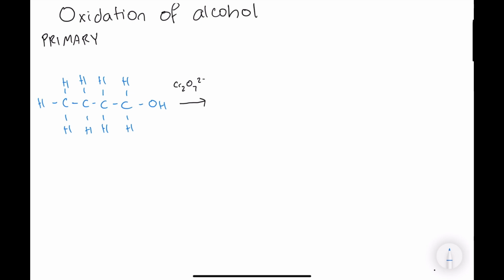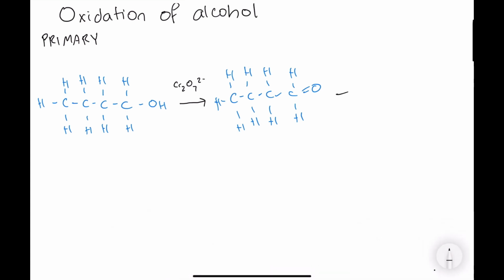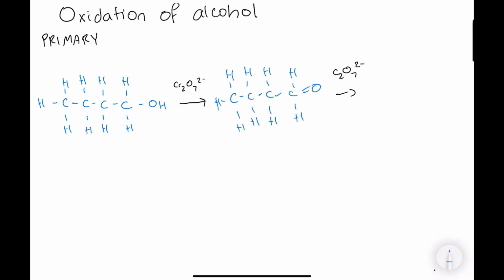Butan-1-ol is first oxidized to butanal. So, it looks like this. And it is an aldehyde as the carbonyl group is at the end of the compound. And then it can be oxidized again to a carboxylic acid.